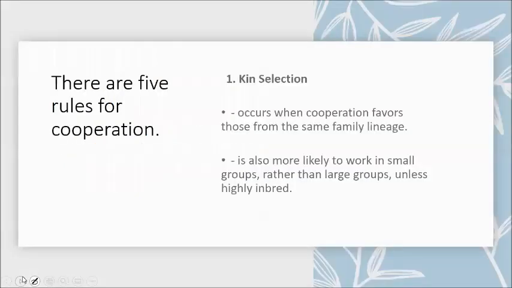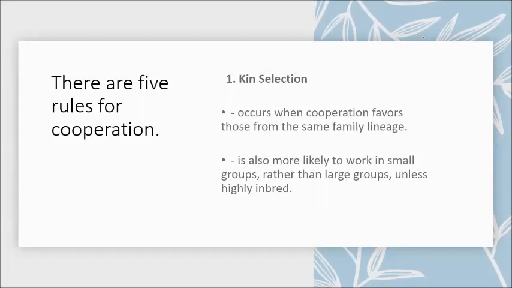Now, there are 5 rules for cooperation. First is kin selection. So this occurs when cooperation favors those from the same family lineage. Now, it is also more likely to work in small groups rather than large groups unless highly inbred, no? Inbred. Okay.